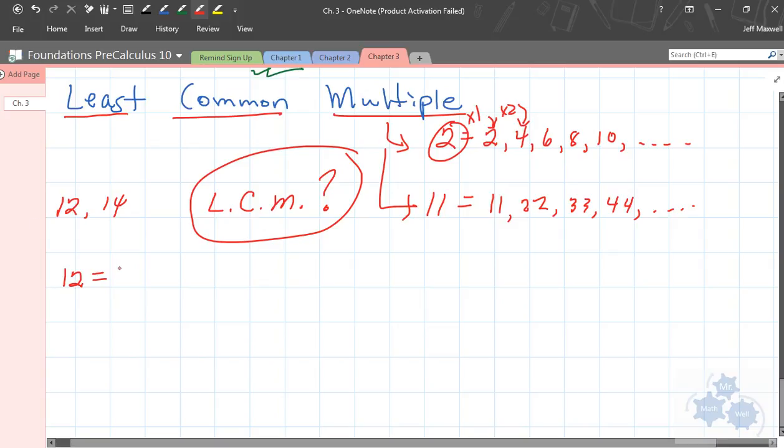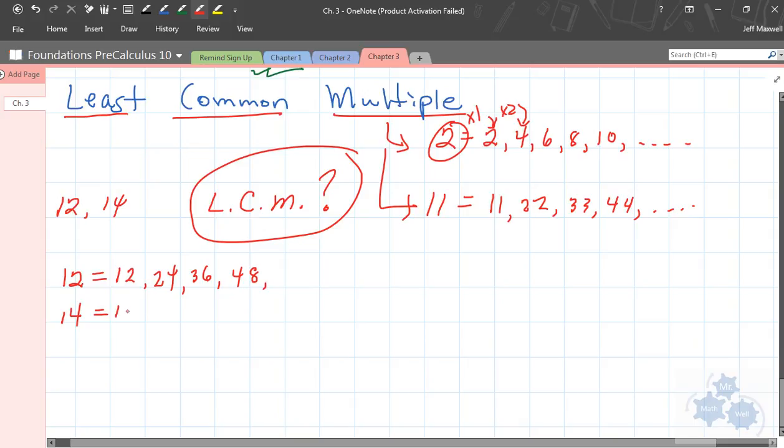So 12 times 1 is 12. Now notice that these numbers are not getting smaller, they're always getting larger. 24, 12 times 3 is 36, 12 times 4 is 48. Okay, now we might have to write some more, but let's go to the other number and see if one of these match up here yet.